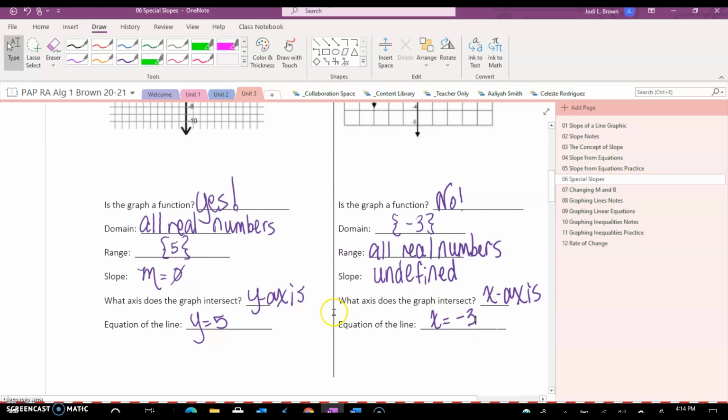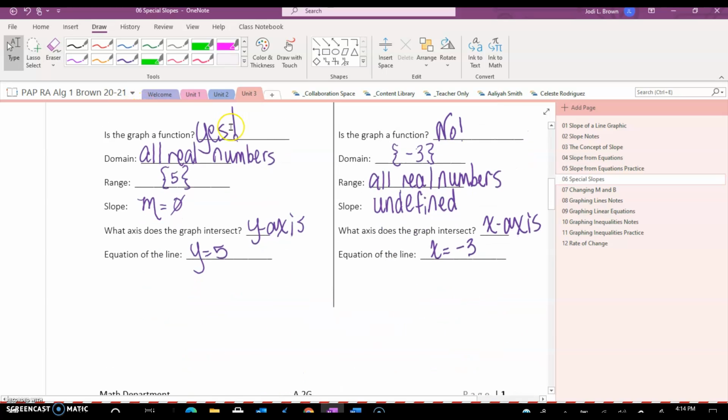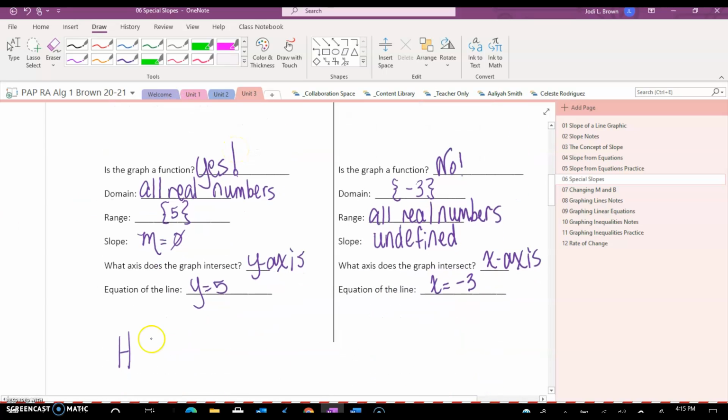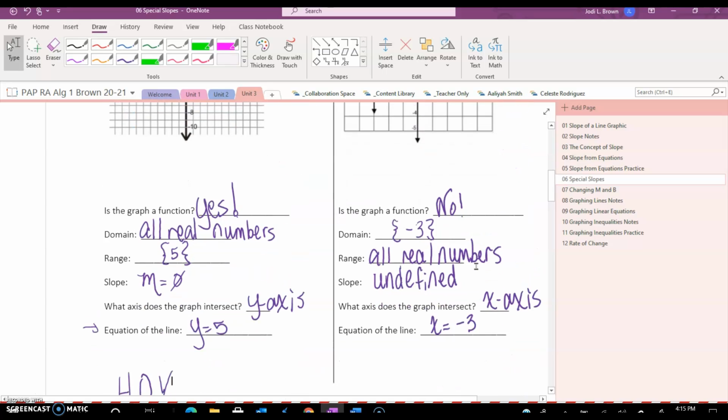One way to think about this is you have a horizontal line, you have 0 slope, and your equation is y equals a number. And then this one, you have a vertical line.